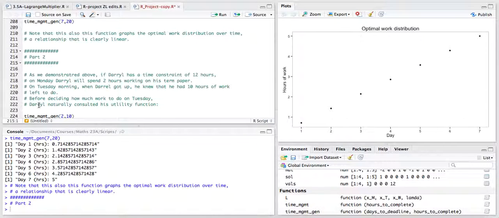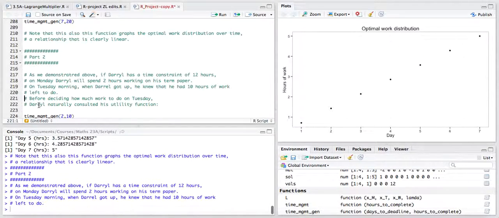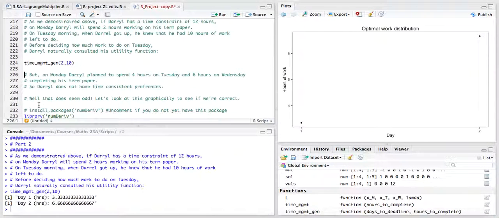So before deciding how much work he can do on Tuesday, Daryl will naturally consult his utility function. So this tells him that on Tuesday he will spend 3 1/3 hours working on the term paper, and on the Wednesday he will spend 6 2/3 hours working on the term paper.